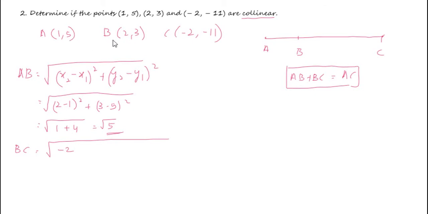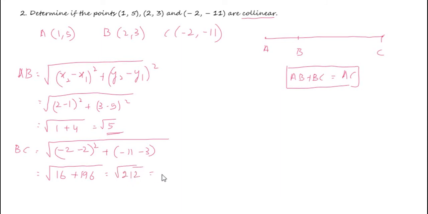Now x1 is 2, minus 2 whole square plus y is minus 11 minus b is minus 3, that is equal to square root of, this is 4 square, it is 16, 11 plus 3 is 14, minus 14 whole square, that is 196, that is equal to square root of 212.